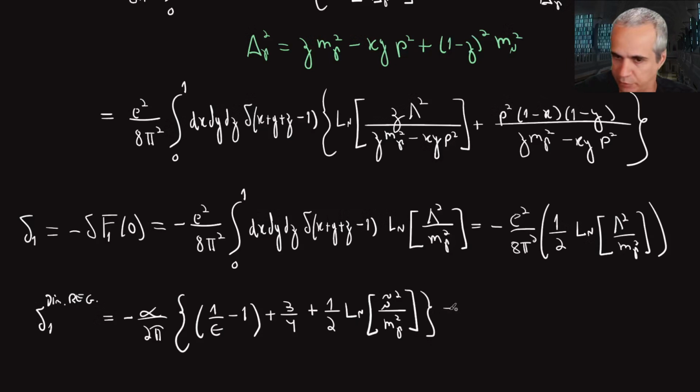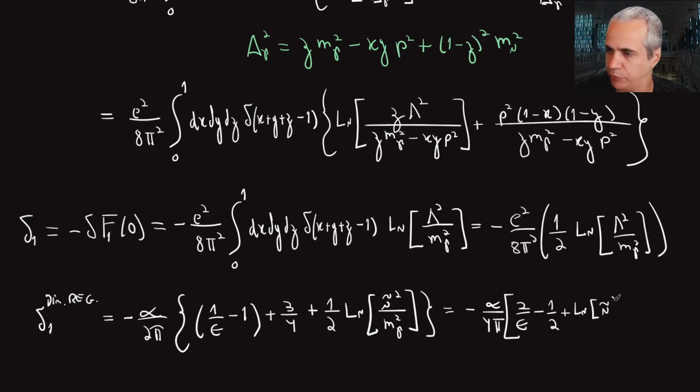Which can be written as minus alpha over 4 pi, 2 over epsilon minus half plus log of mu tilde square minus the log of m gamma square. Now if you compare both, I can rewrite this guy as just minus alpha over 2 pi, since e square absorbs a 4 pi to become alpha.